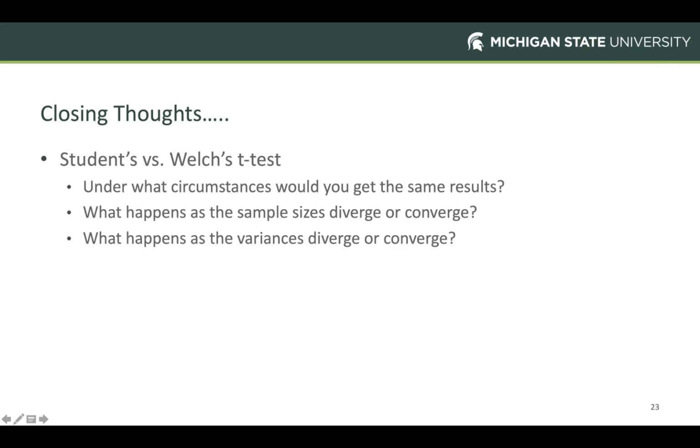And as a part of that, it would be useful to look at what happens as the sample sizes diverge or converge away from or towards one another. So if you have one sample size at 10 versus 100, what happens as those samples get closer to one another? And then likewise, what happens as our sample variances get significantly larger or smaller relative to one another? Okay, so just a few things that we'll want to think about.